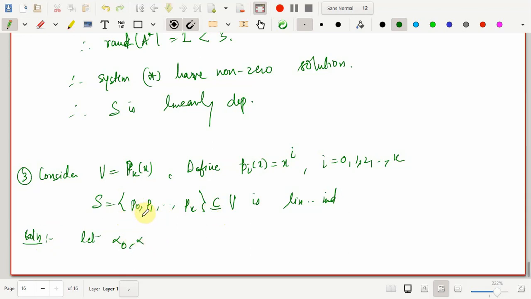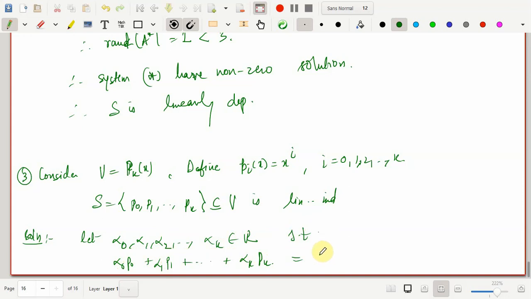Suppose, corresponding to P naught, P1 till Pk, I take alpha naught, alpha 1 till alpha k, such that the linear combination alpha naught P naught plus alpha 1 P1, and this goes on till alpha k Pk, is equal to the zero vector, which in this case is the zero polynomial.